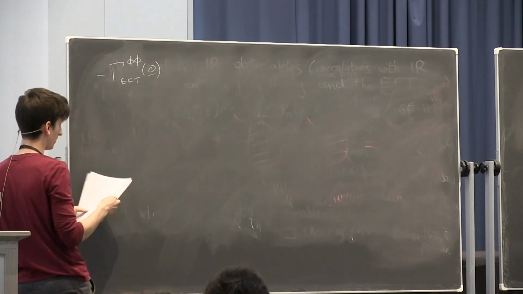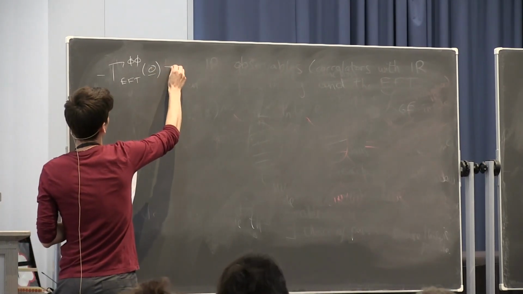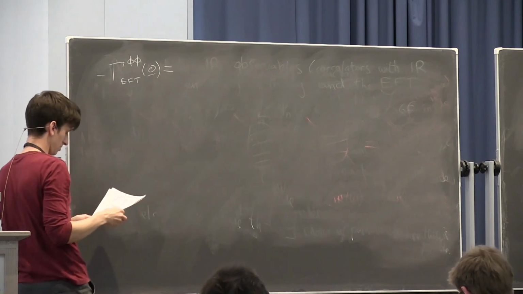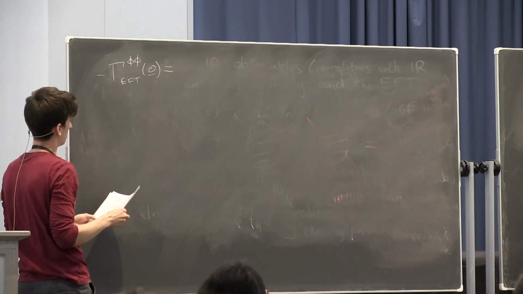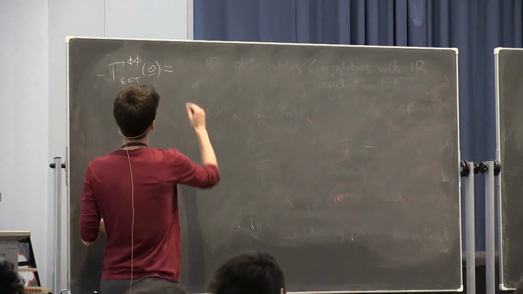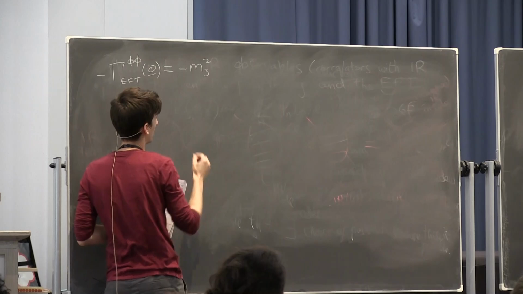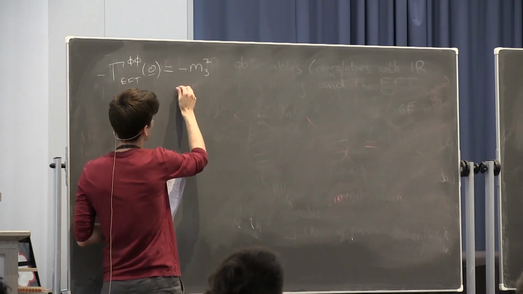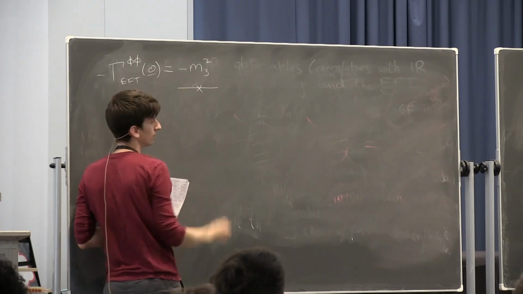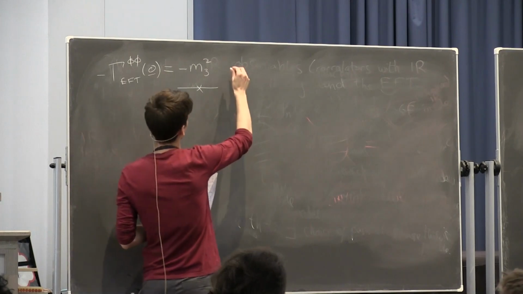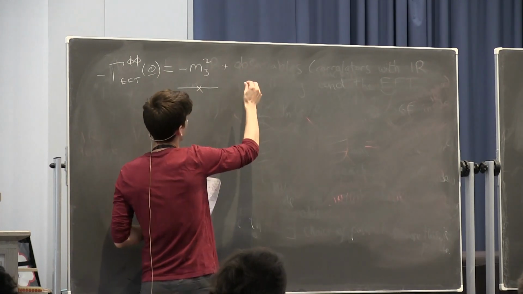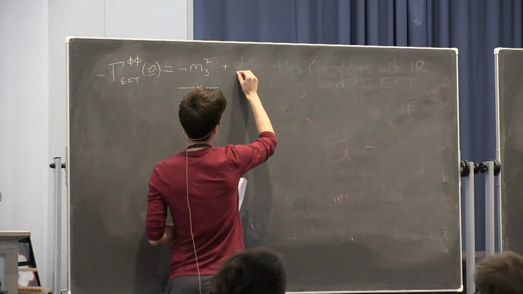Zero momentum. So this is the sum of the diagrams. So we get minus m3 squared, which comes from this diagram, plus, what diagrams can I write down?